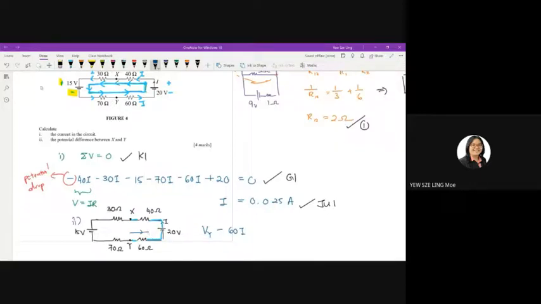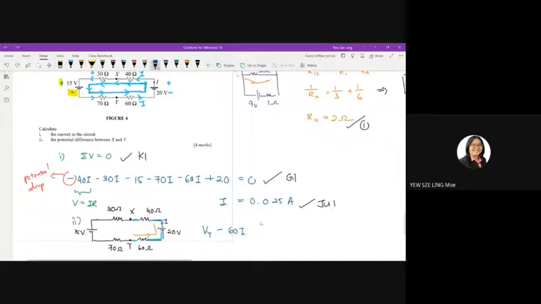And then I'm going to keep traveling. I change the color. So I travel through the 60 ohm, and then it passes through the 20-volt battery. What is happening? It experiences a potential rise. So plus 20.